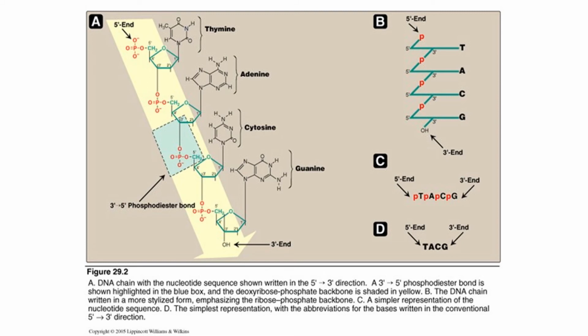In the C form, the more generalized written form of the single strand is more understandable, in which the P denotes the phosphate groups, while T is thymine, then phosphate, then A adenine, then phosphate, C cytosine, then phosphate, and guanine.